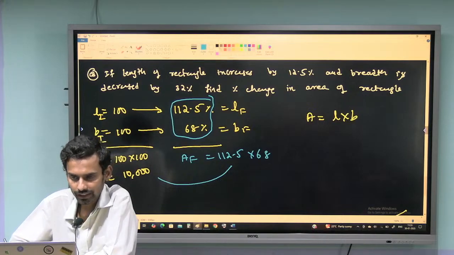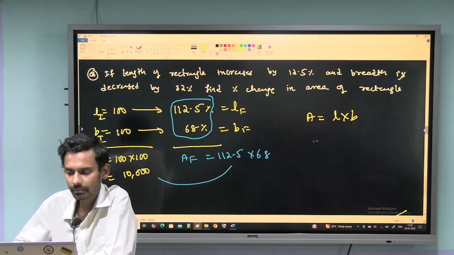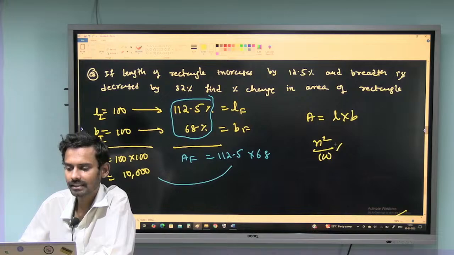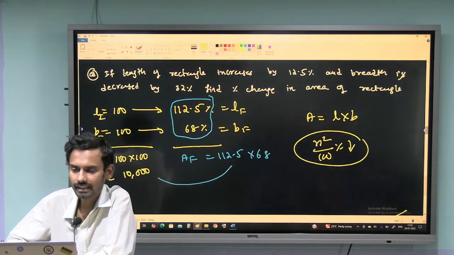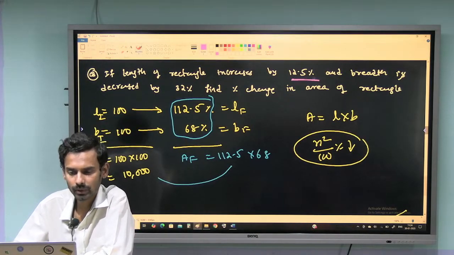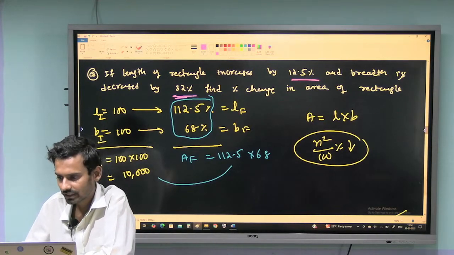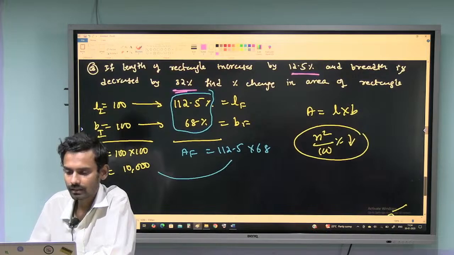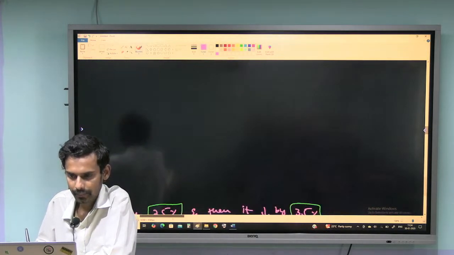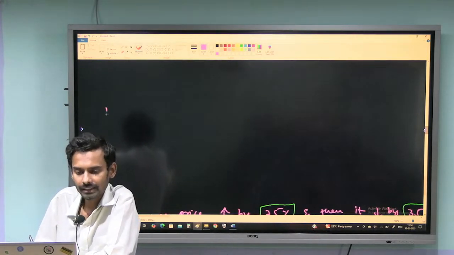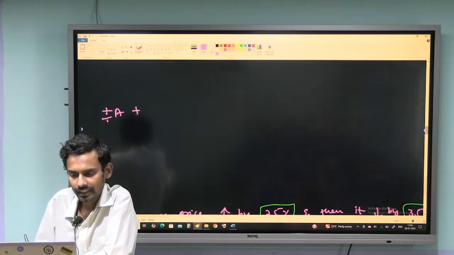But instead of doing this, now I can't apply the n square by 100 percent decrease formula, because here the percentage changes are different. Here it is 12.5% and here it is 32%. When the percentage changes are different, we have one more formula. The formula will be plus or minus a, plus or minus b, plus ab by 100.